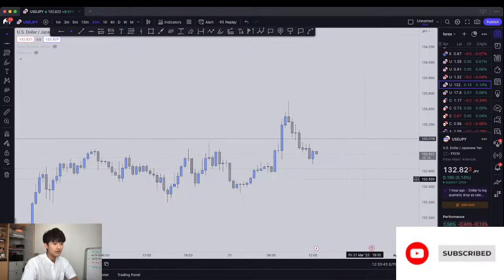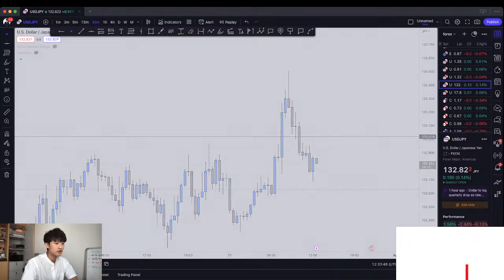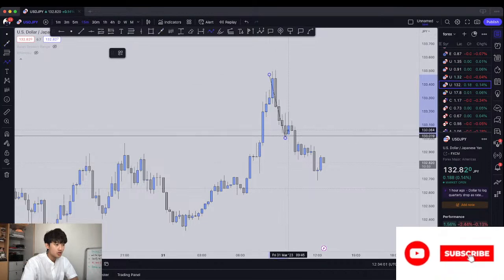If you're looking at the 30 minutes time frame, or perhaps even lower, let's talk about the 15 minutes time frame, we see some very nice bearish continuation, in the case that we see some nice lower highs and lower lows being formed over here.